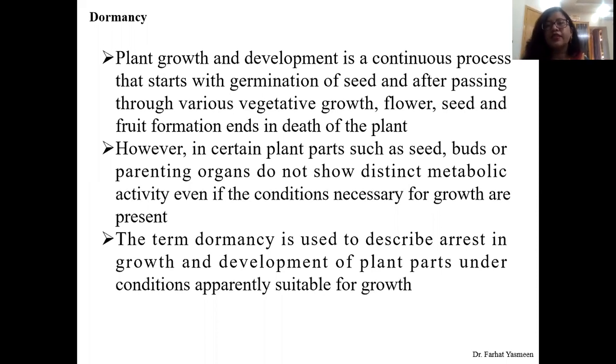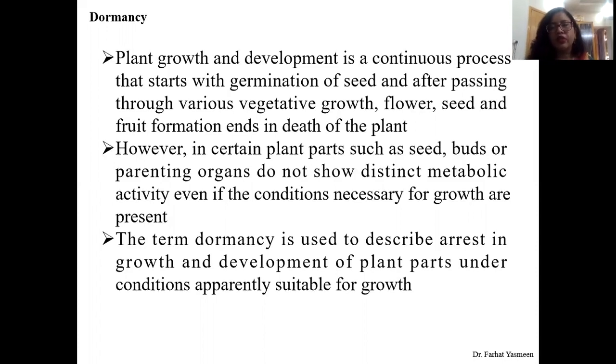However, under certain conditions, some plants stop or cease their growth. Some plants or some seeds don't continue this process. In that case we can say that these plants are in a dormant situation, or the word dormancy.